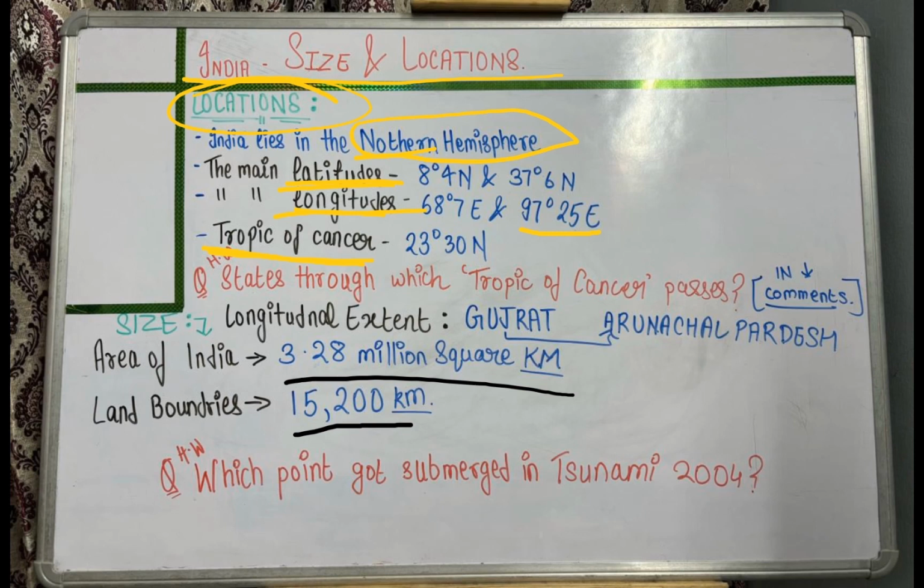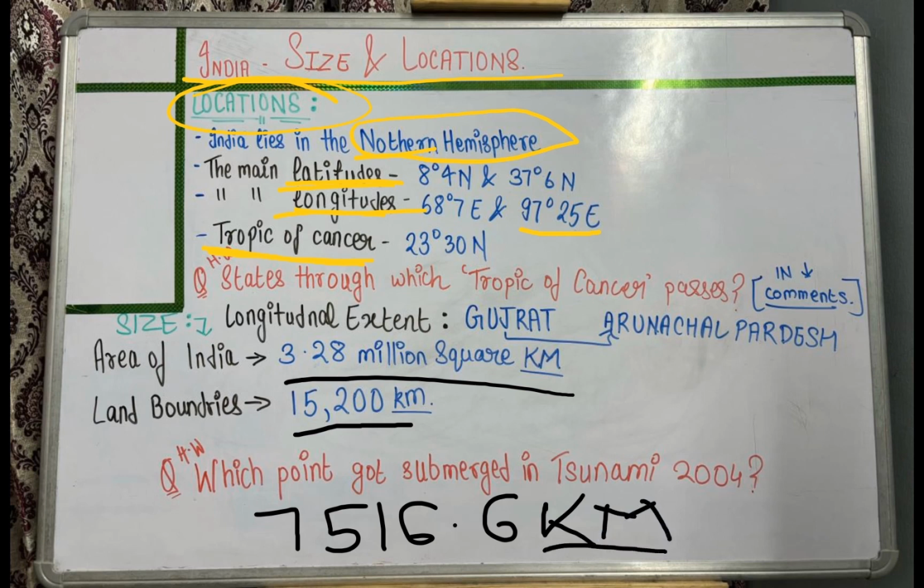And one more thing, I hope you remember it: the length of the coastline of our India is 7,516.6 kilometers. This is also very important. You can note it down, and I hope you were making notes.